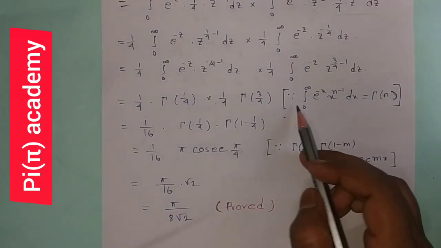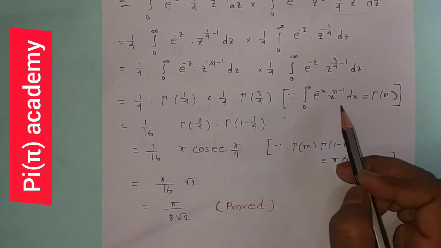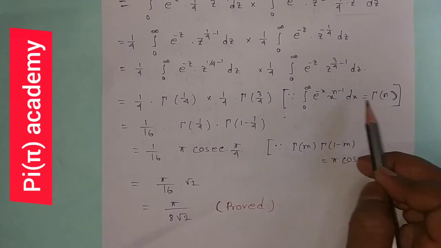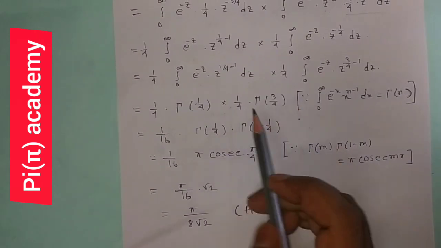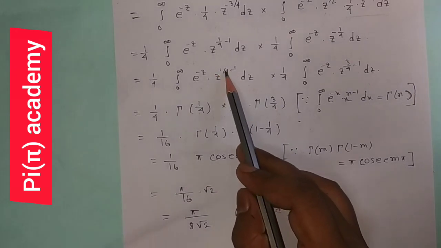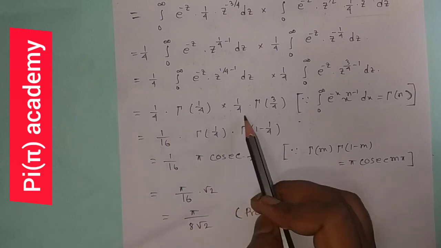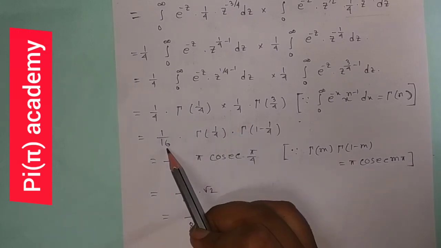And since the integral from 0 to infinity of e to the power minus x, x to the power n minus 1 into dx equals gamma n, therefore this is gamma 1/4, where n equals 1/4, and this is also gamma 3/4, 1 by 4 into 1 by 4, that is 1 by 16.